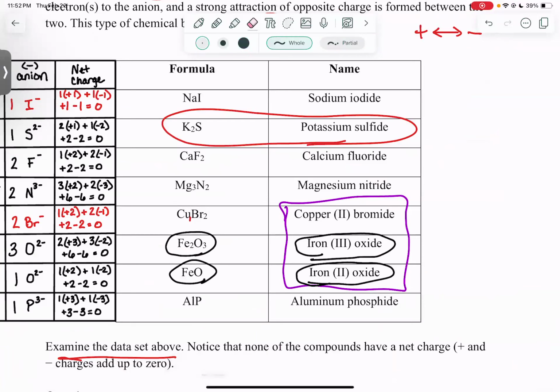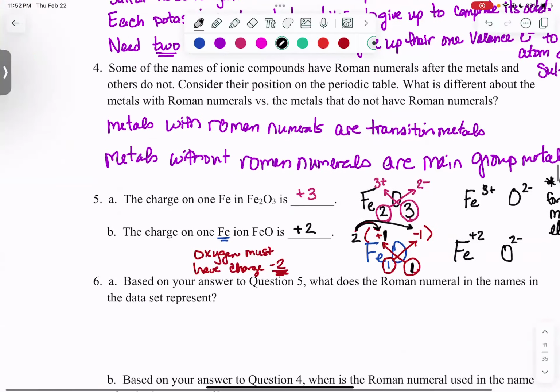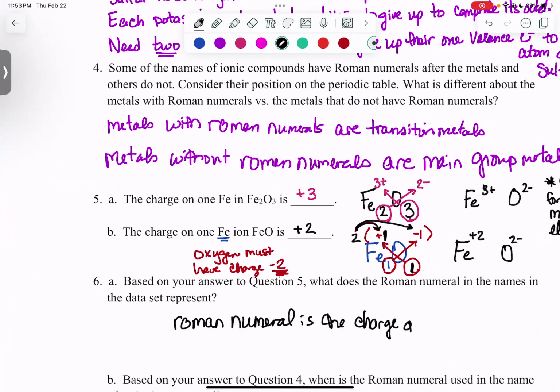So what does that 3 mean? That 3 means that that's the charge. So the Roman numeral is the charge on the transition metal.